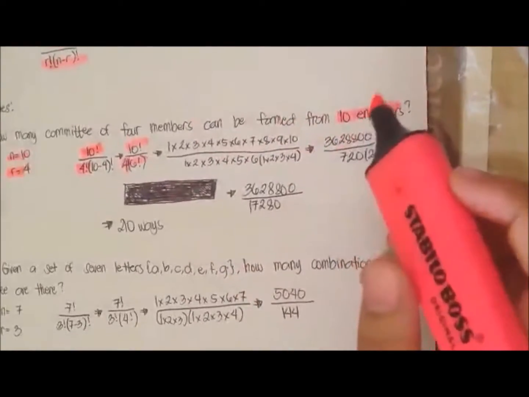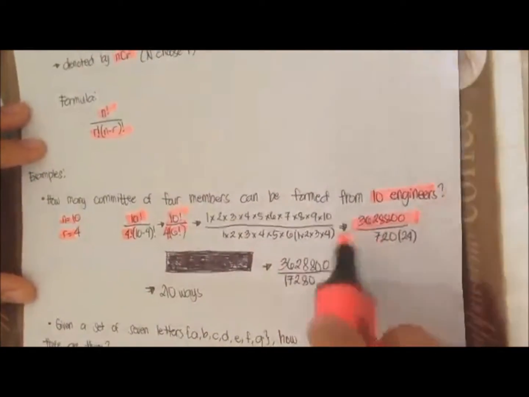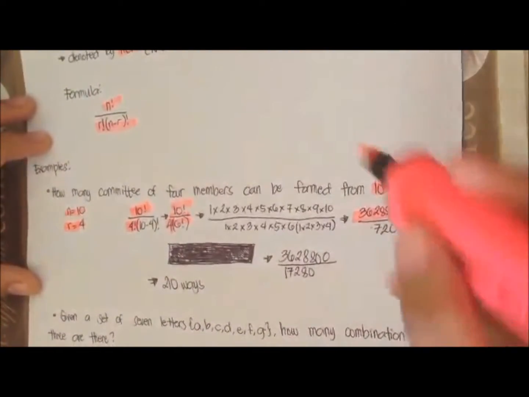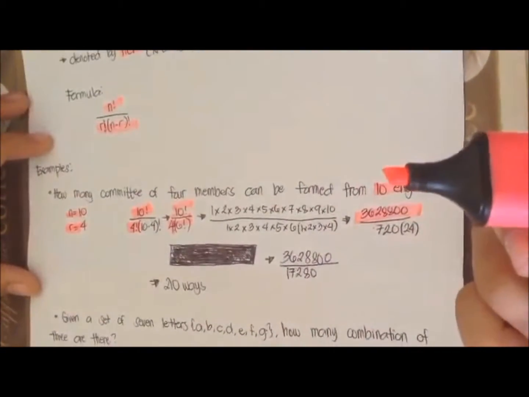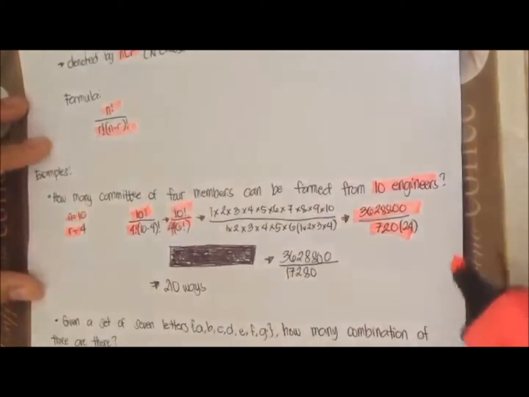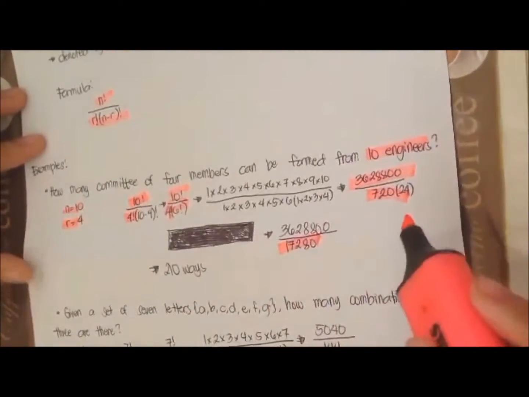The equivalent of 10 factorial is 3,628,800, and the equivalent of 4 factorial times 6 factorial is 24 times 720, which is 17,280.